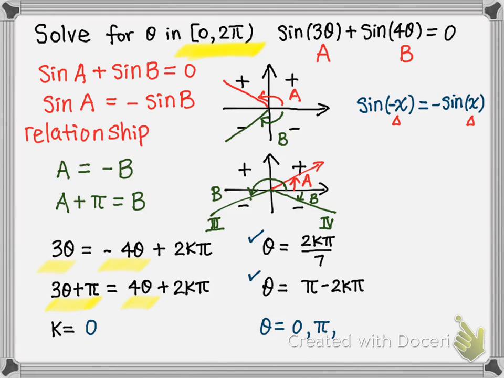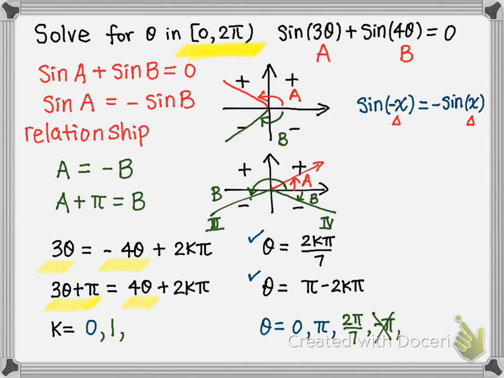Now the next value you're going to plug in is 1. When you plug in 1 for the first solution, you get 2 pi over 7. But when you plug in 1 to the second solution, pi minus 2 pi, you get negative pi. Negative pi is not in our interval, so we don't take that one. Then you continue plugging in values.